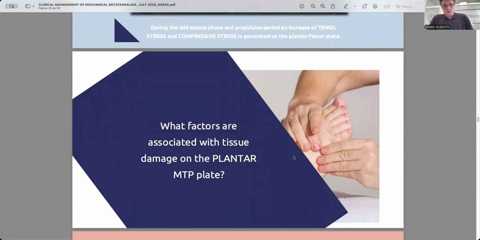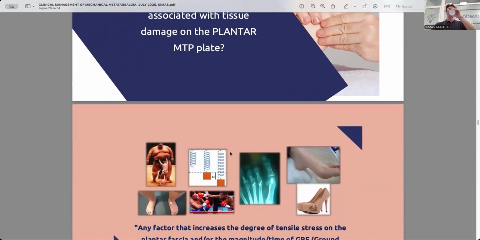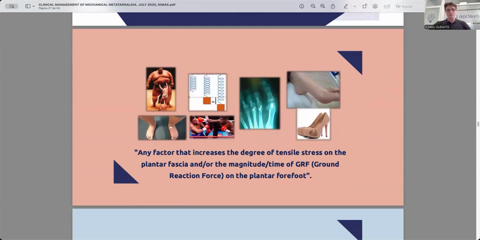What factors are associated with plate injury? Well, as we all know, it's multifactorial. We need to understand that any situation that increases tensile stress on the plantar fascia can be a triggering factor. Over time, this stress can damage the fibrocartilage, leading to plastic deformation or even a partial rupture.